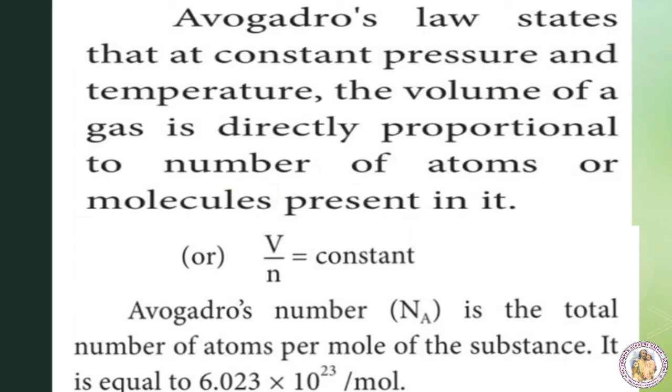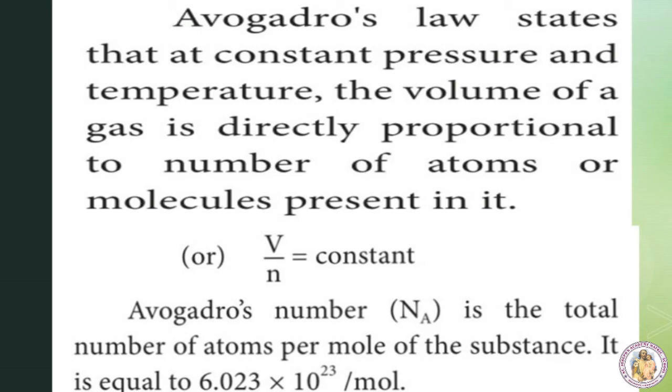Avogadro's law states that at constant pressure and temperature, the volume of a gas is directly proportional to the number of atoms or molecules present in it. So, when there is constant pressure and temperature, what happens? The volume is always directly proportional to the number of atoms or molecules present in it.